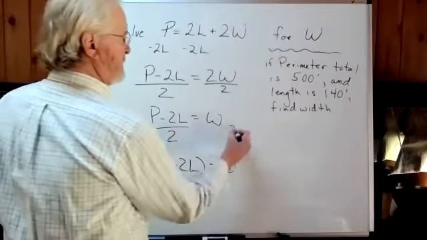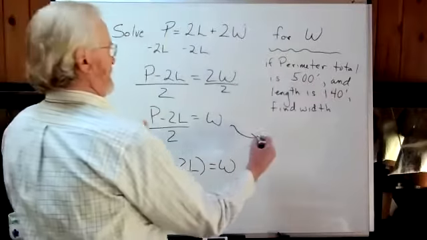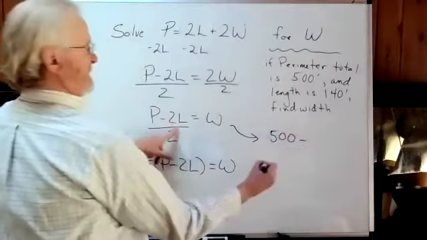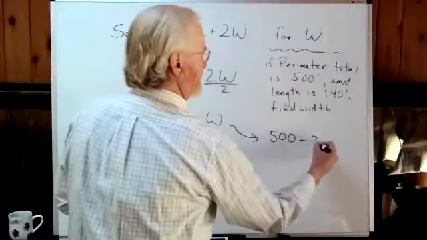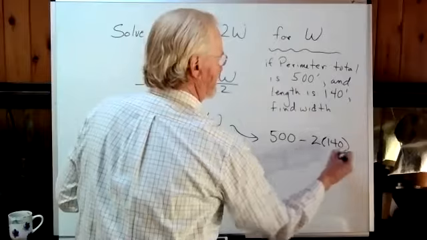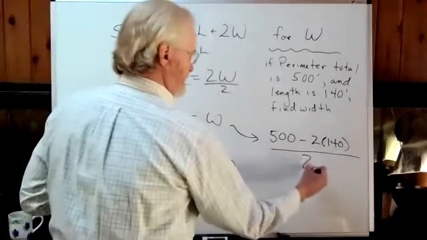So I'm going to substitute in those numbers and say, okay, the perimeter is the 500 minus twice the length. I'm going to put that in parentheses, just kind of hold it together. And then whatever that is, we're going to divide by 2.